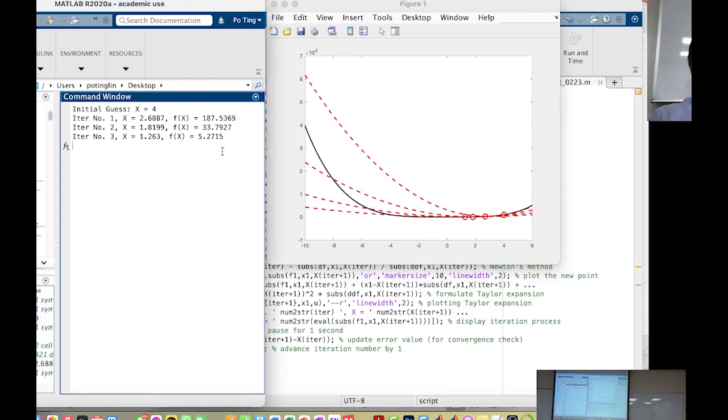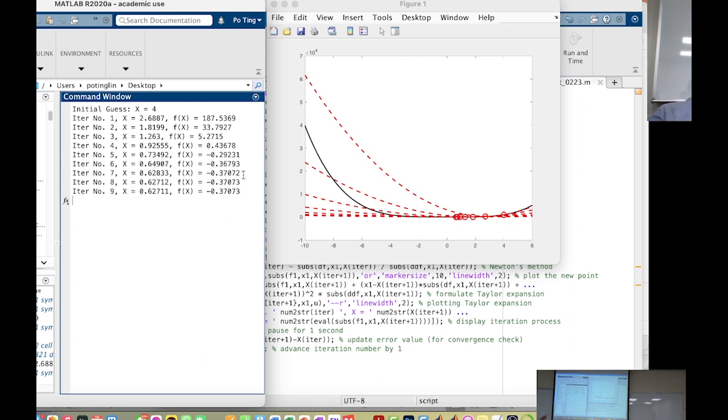So as you can see, the function value is dropping. And the difference between the 8th and the 7th iteration is so small. It cannot find a larger difference. If we iterate one more step, the difference is smaller than the requirement. So it won't approach.